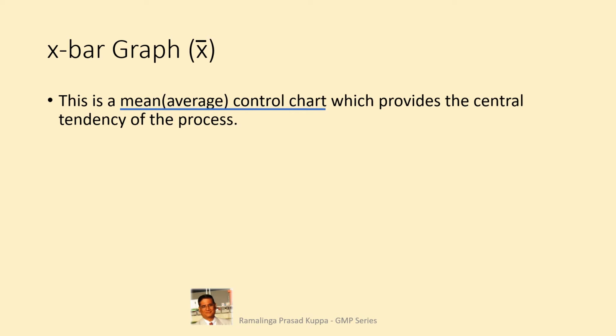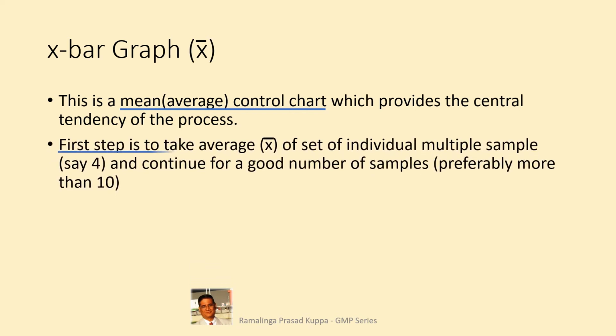In this, mean of smaller subsets of samples is considered for plotting into a control chart. First step is to take average X bar of set of individual multiple samples, say approximately 4, and continue for a good number of samples, preferably more than 10.